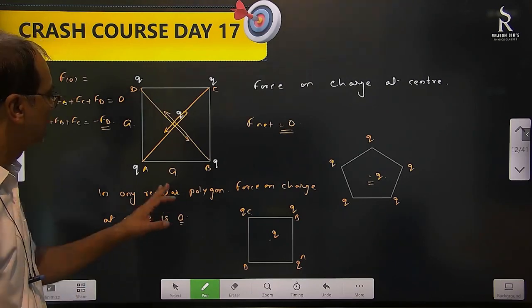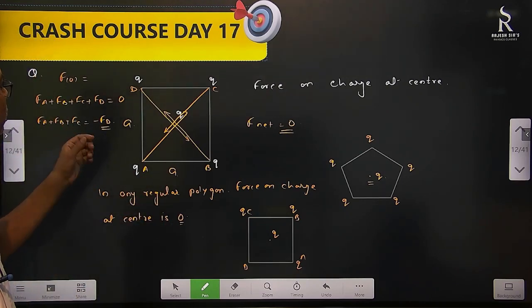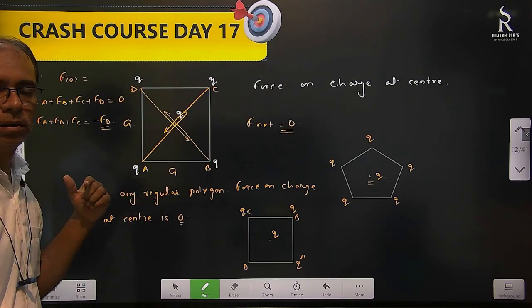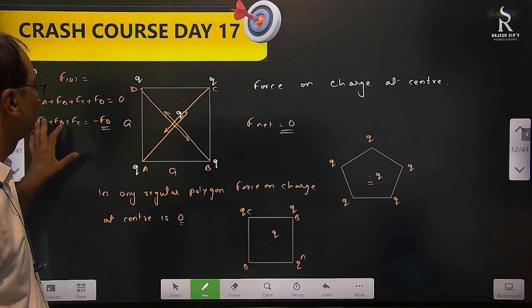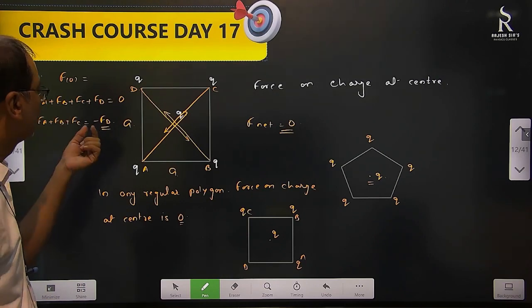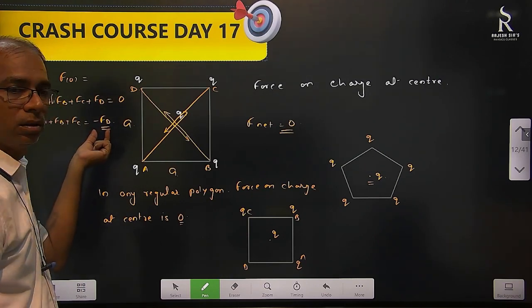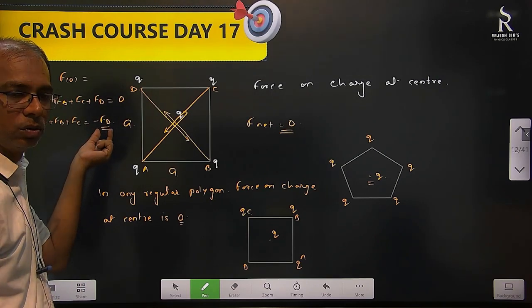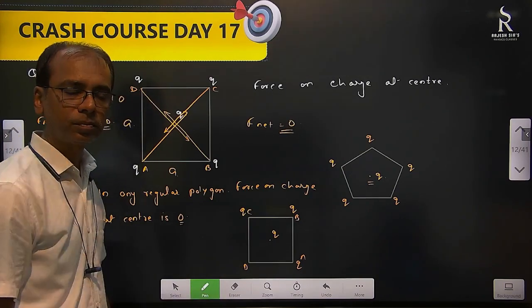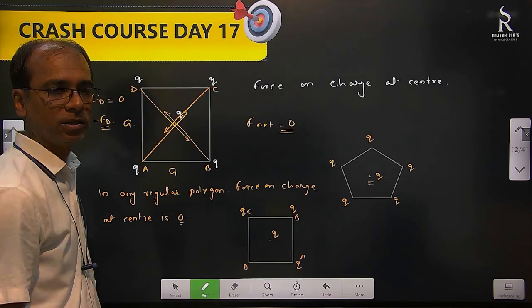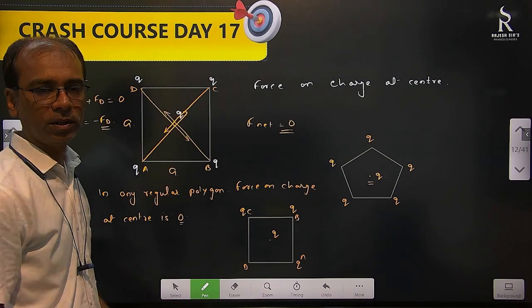Listen again: Fa plus Fb plus Fc equal to minus Fd. So the sum of the forces due to these three charges is equal to the force only due to the charge placed at D. So let's place the charge here, and whatever force comes, that's our answer.